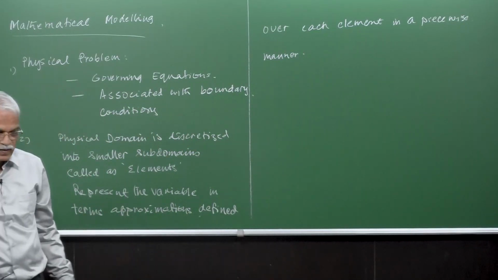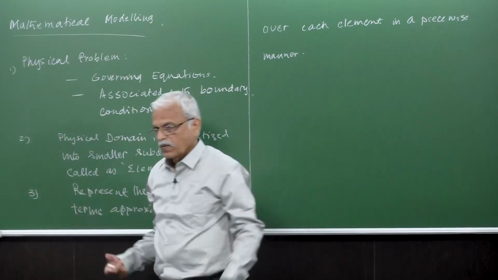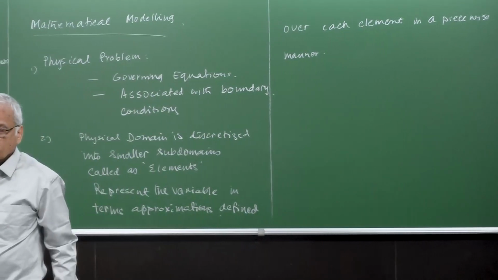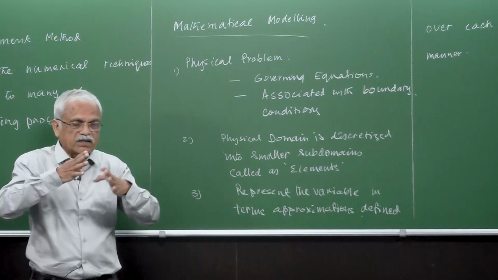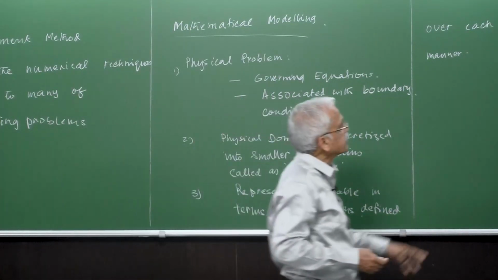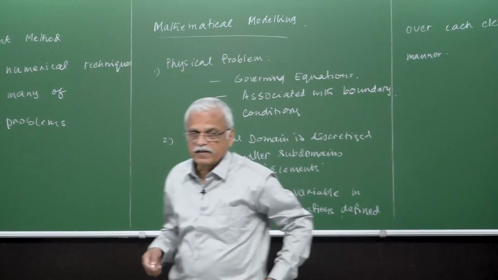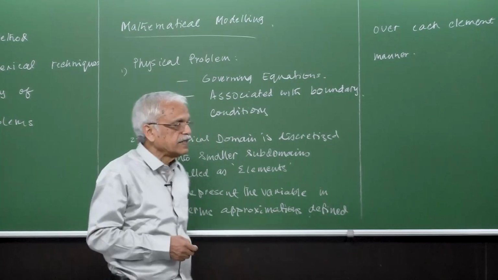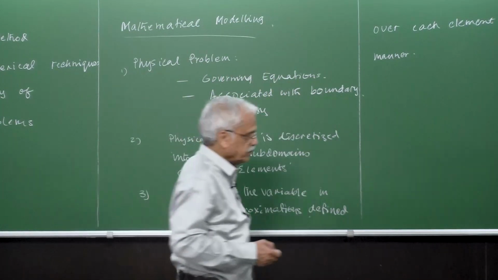This is different from other kinds of approximations where the unknown variable is expressed as a complete function over the whole domain, whereas in finite elements we define them separately over each element. This is where the understanding of the mathematical representation of the method comes in.